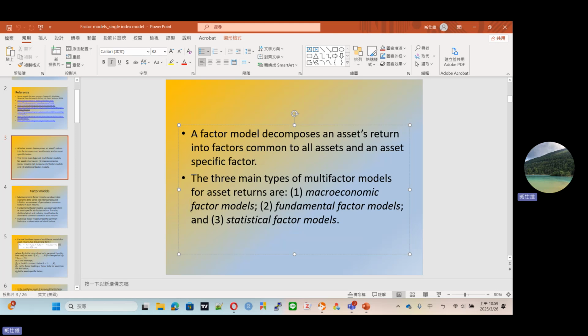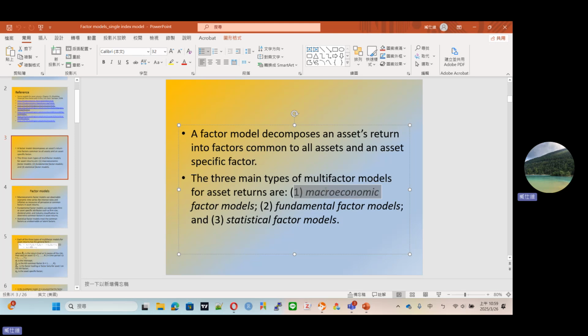You can also include these factors to explain the stock returns. The third model is the statistical factor model, but this is more complicated, so we'll not discuss this model here.